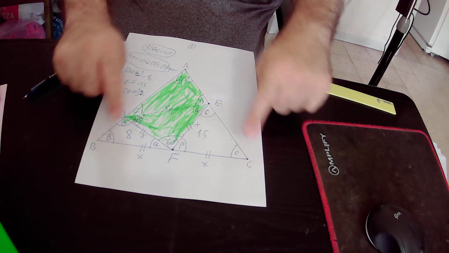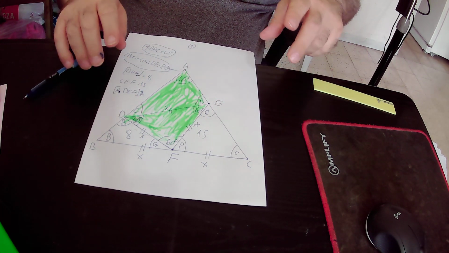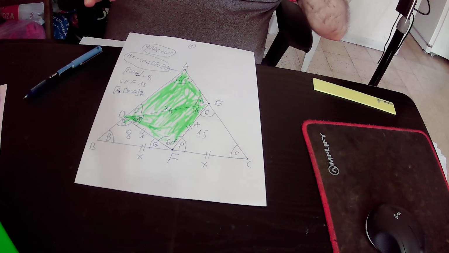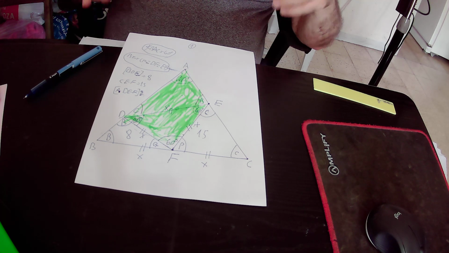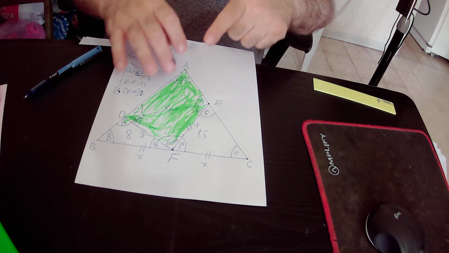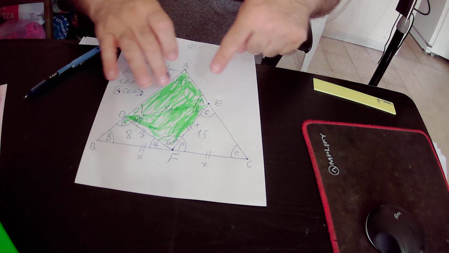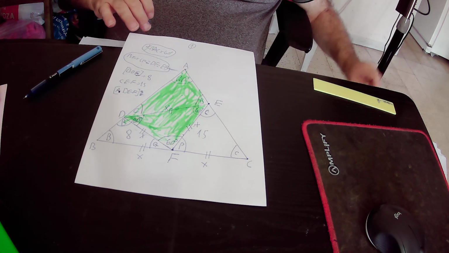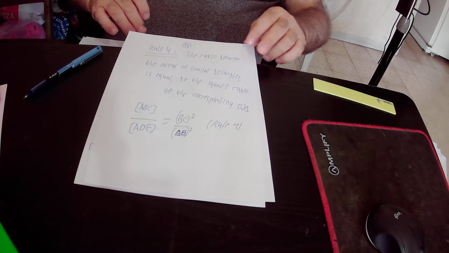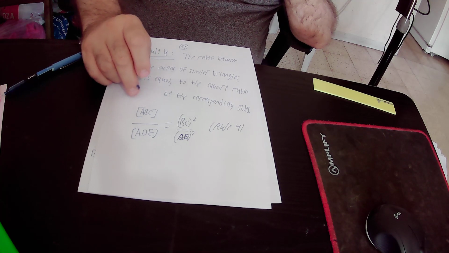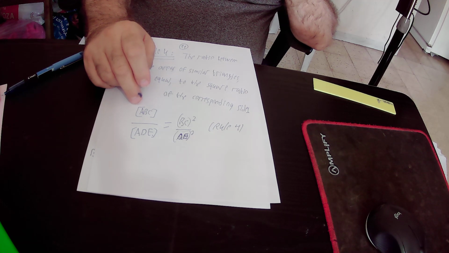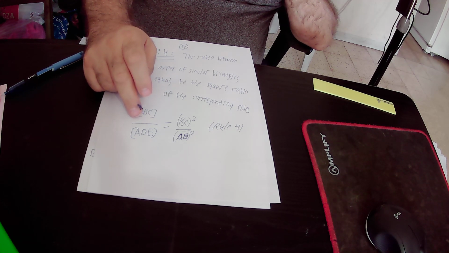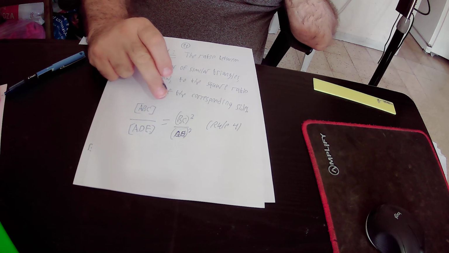The relationship between the area of triangle ABC over the area of triangle ADE equals BC square over DE square.